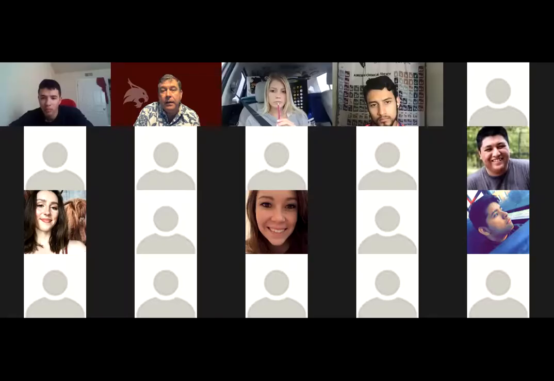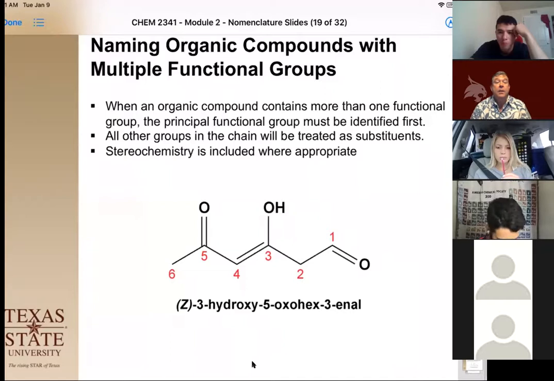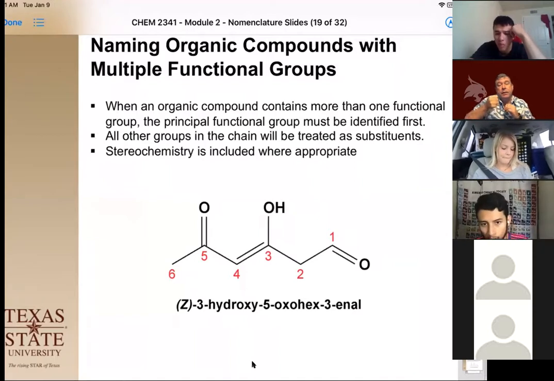So let me go ahead and go back to my slides. Okay, so now we're going to put all those rules together. So we have 3 functional groups here. We have the ketone, we have the alcohol, and we have the aldehyde.